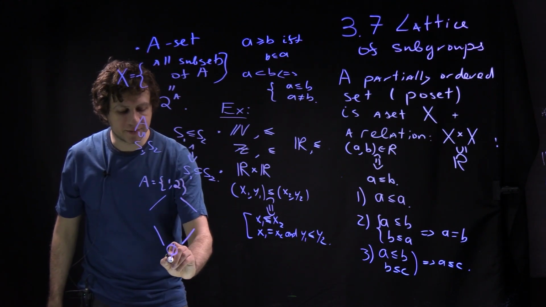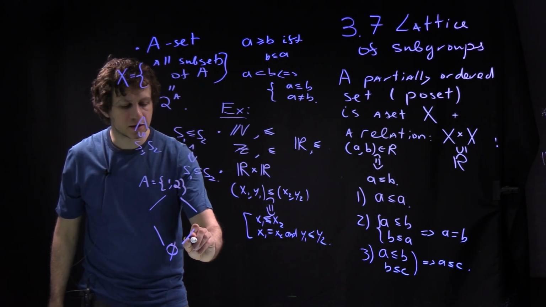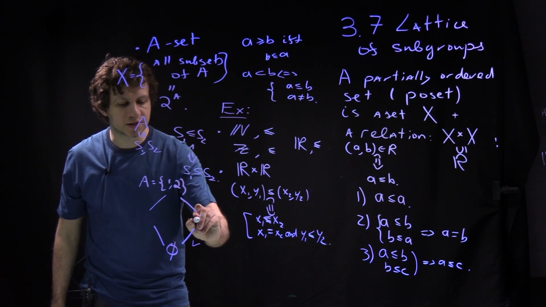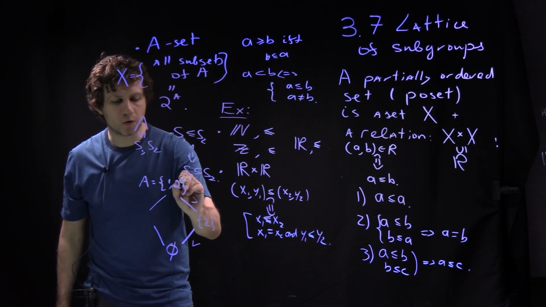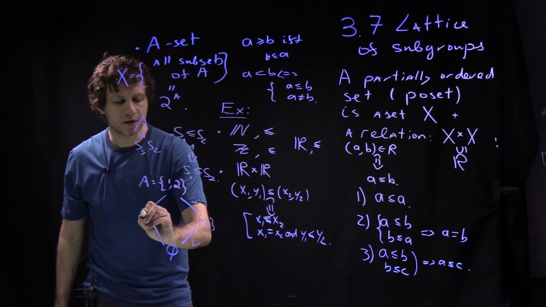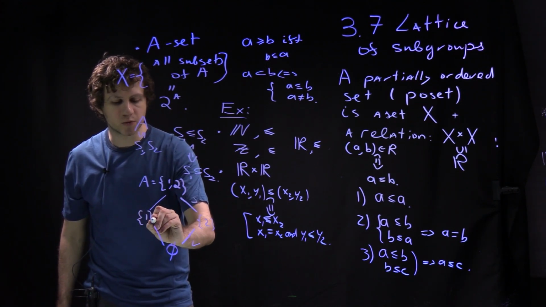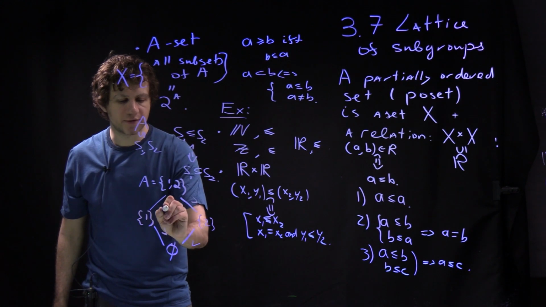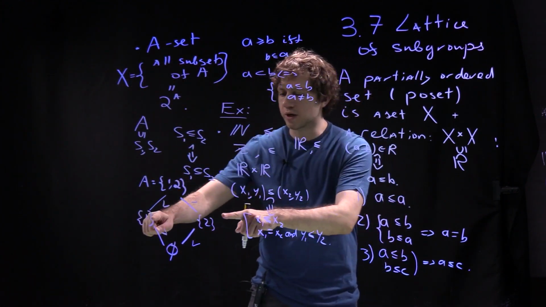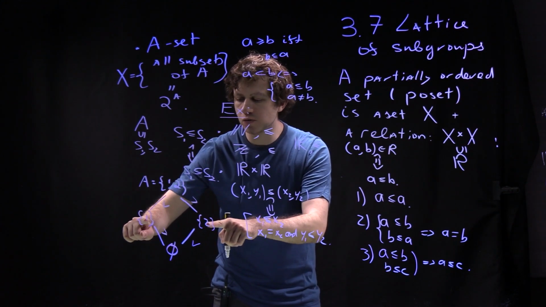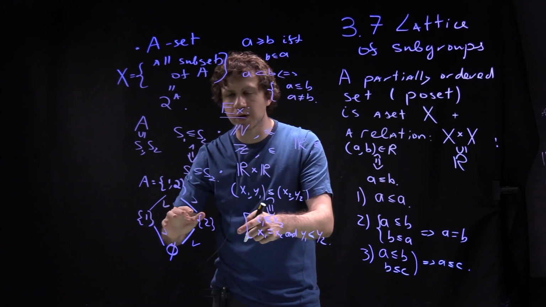So you have the empty set, which is strictly less than a subset containing one element, which is strictly less than the whole set A, a subset of itself. Here we have the subsets with one element, and it's very clear that for the two elements 1 and 2, you cannot say which one is bigger, because neither contains the other.